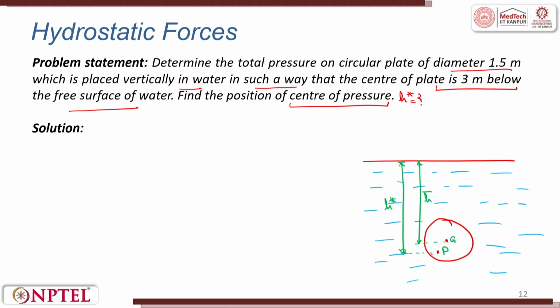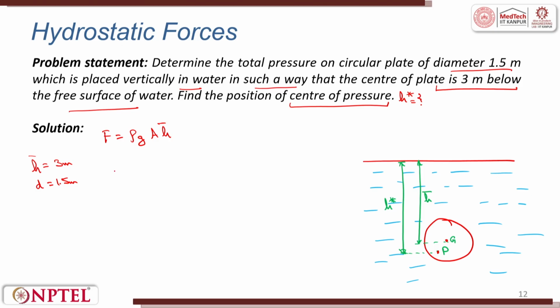Now to find total pressure, we will use the relation F is equal to rho G A h bar, and what we are given is h bar is equal to 3 meter, diameter of plate, that is D, is 1.5 meter.